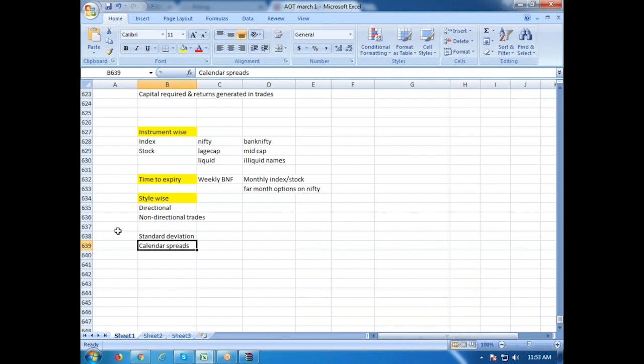One is a spread and another is a calendar. So there are two different expiry dates. Buy one and sell another one. That makes a spread. So two different expiry dates and you buy one and sell another one. That is called calendar spreads.